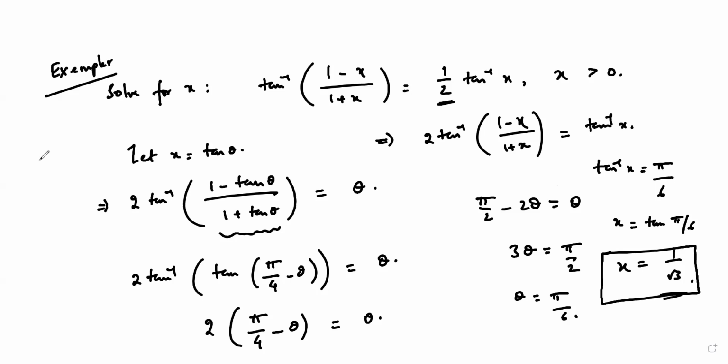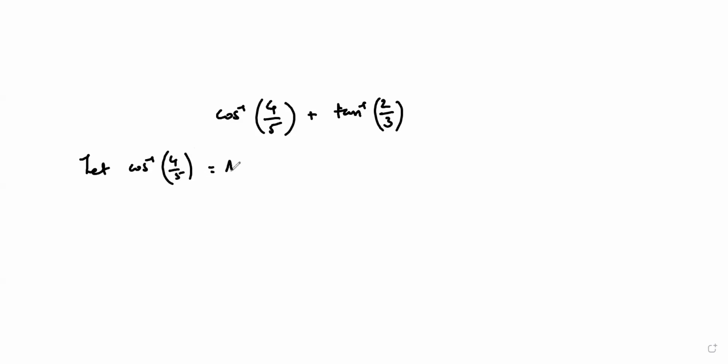Next, one question you can take as homework. Cos inverse of 4 by 5 plus tan inverse of 2 by 3. I will let cos inverse of 4 by 5 equal A, so cos A will be equal to 4 by 5. Correct? Similarly, tan inverse of 2 by 3 is equal to B, so tan B is equal to 2 by 3.